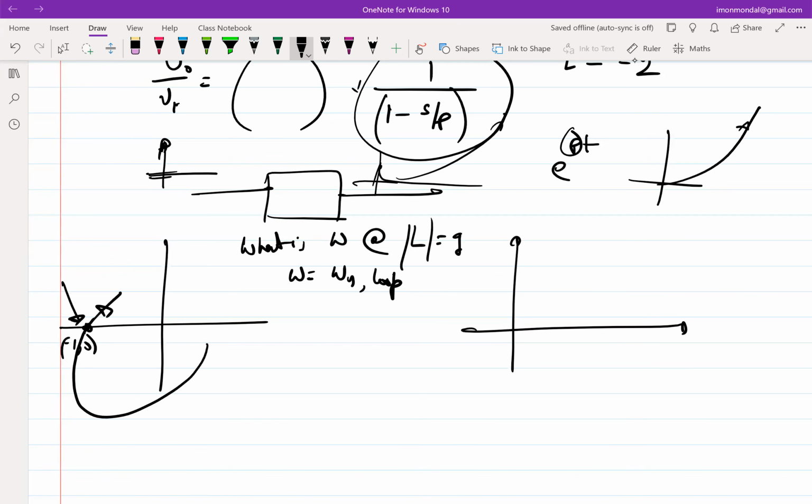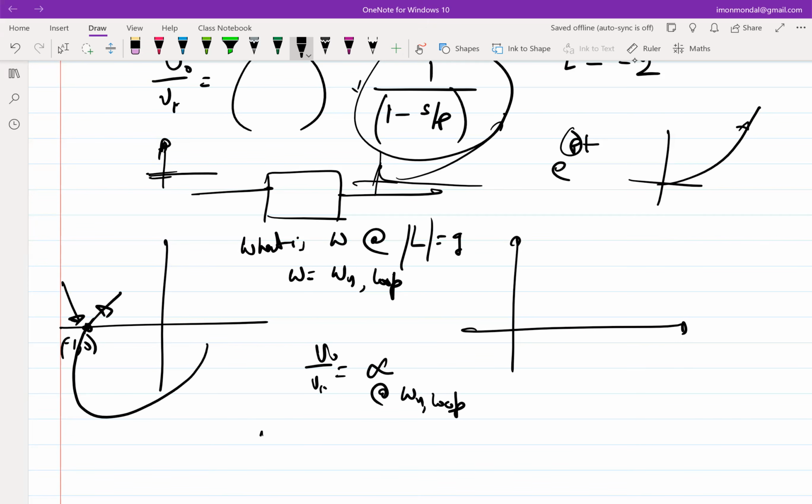So omega U loop again is the unity gain frequency of the loop, of critical importance. Okay. So now we know that at omega equal to omega U loop, L is equal to -1, which means V0 over Vi is equal to infinite at omega U loop. Right?